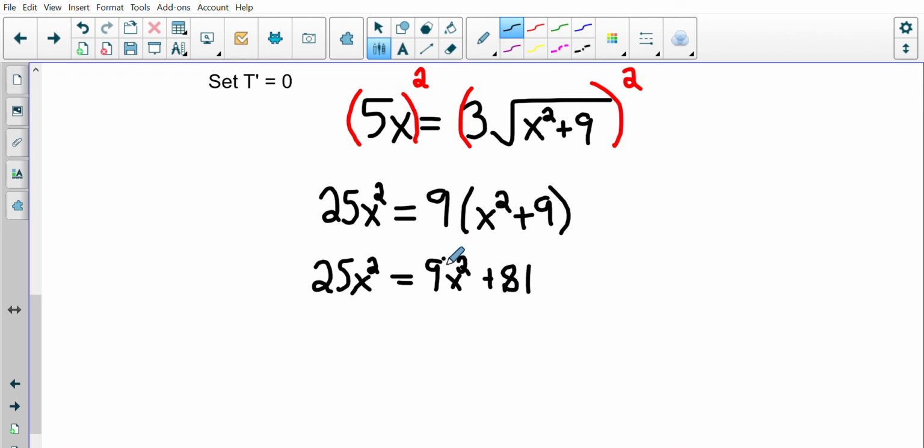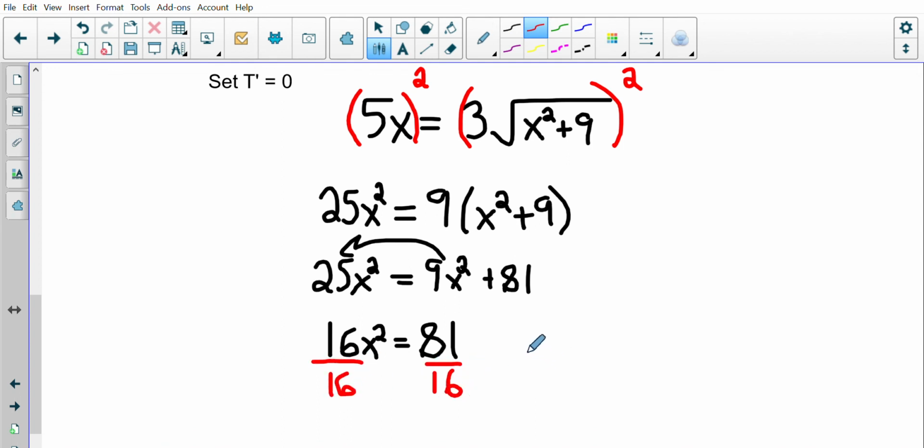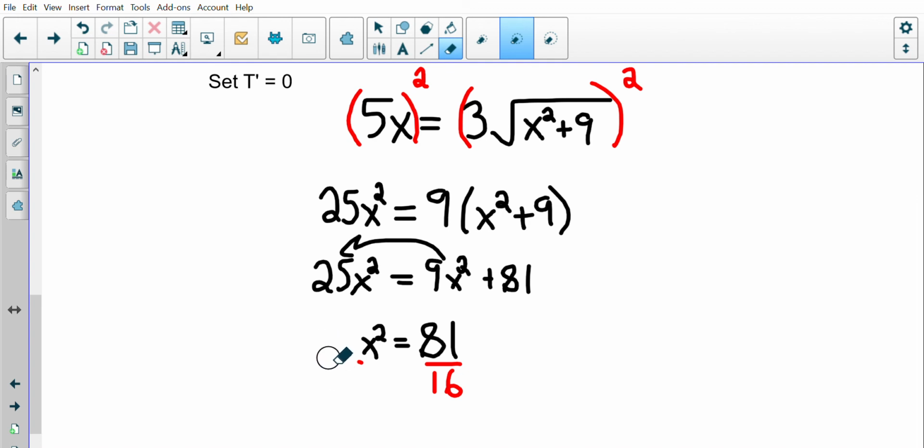I'm going to move that 9x squared over to the other side, so it's subtraction. I end up with 16x squared equals 81. We're getting there. Before I get x by itself, I'm going to divide both sides by 16, and the 16s divide each other out.